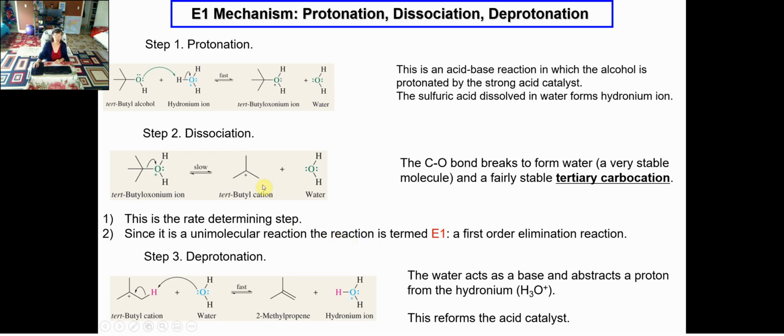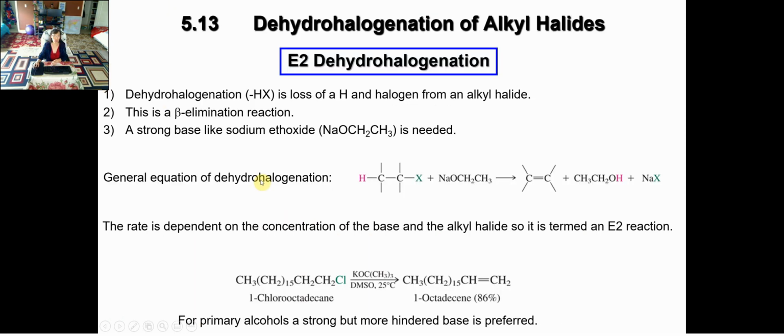E1 reaction is more applicable for the tertiary alcohol. If you have other types of substrates, you may go through E2 elimination, such as alkyl halides. For the alkyl halides, particularly primary ones, you may go through E2 reaction.